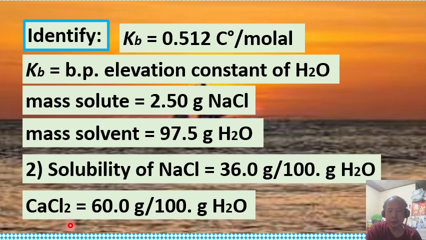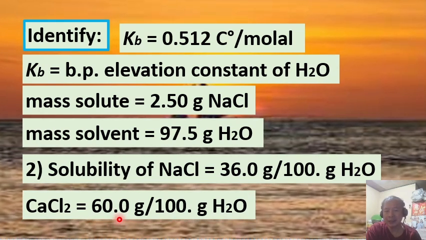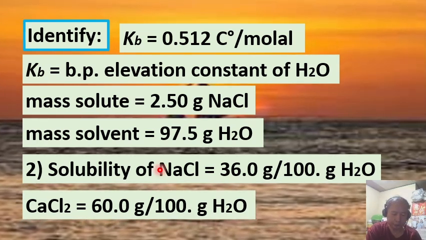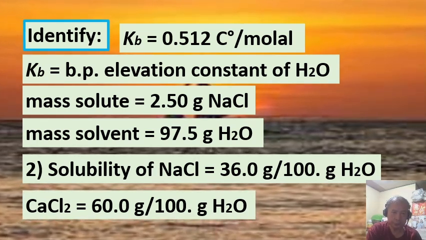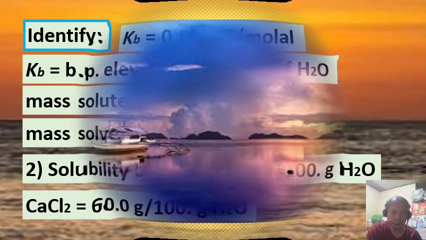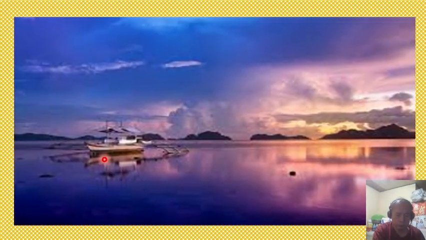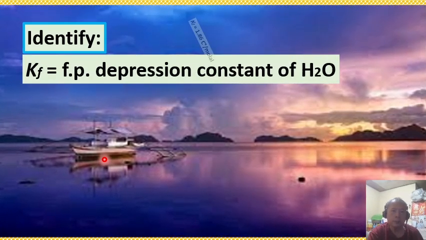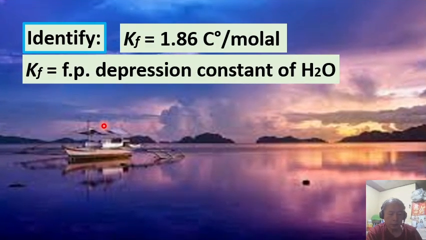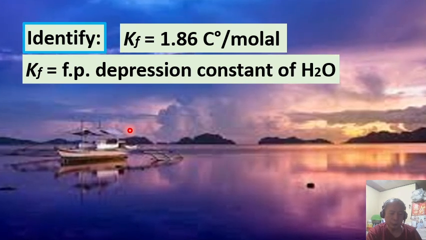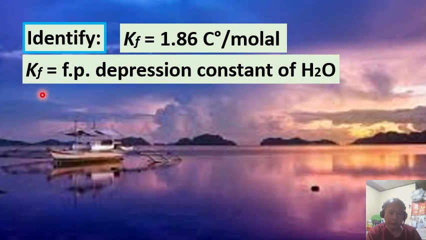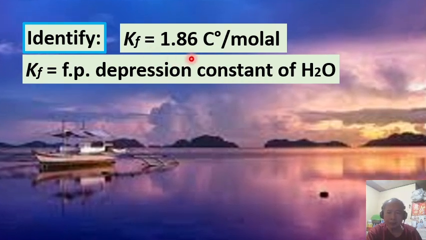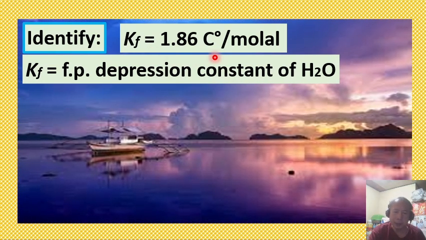For calcium chloride, its solubility is 60.0 grams per 100 grams of water. The freezing point depression constant for water, denoted by capital K sub F, is also given, equal to 1.86 Celsius degree per molal.